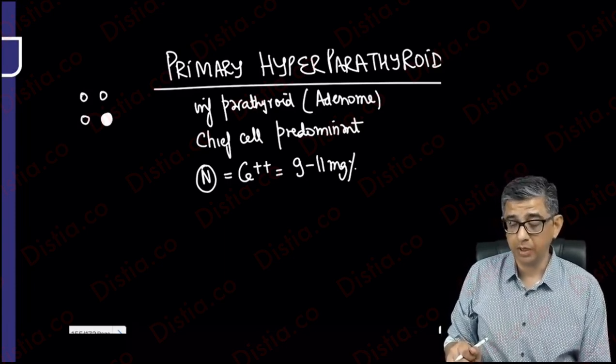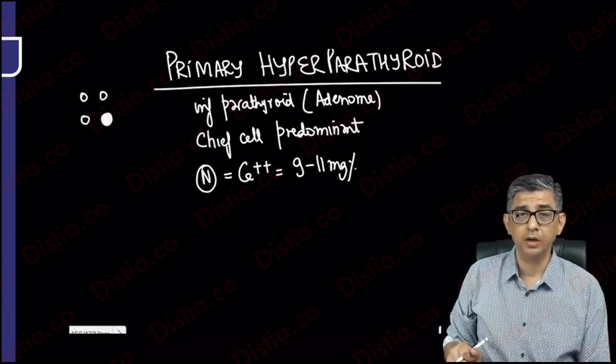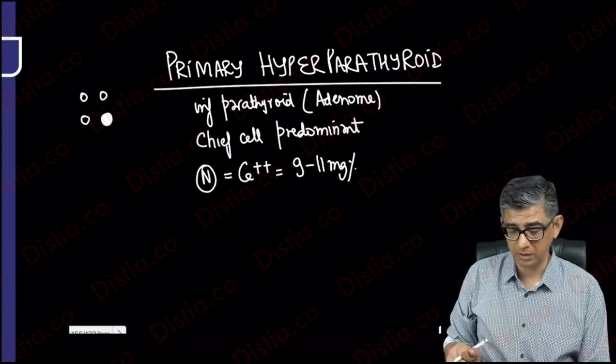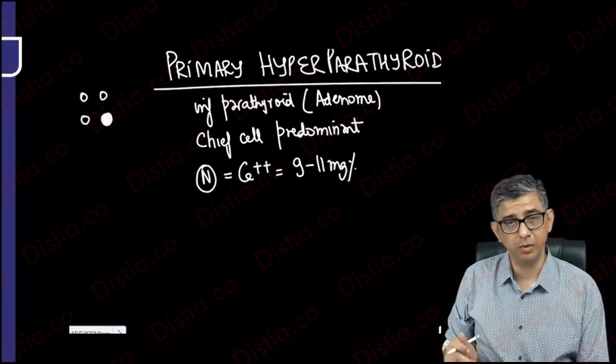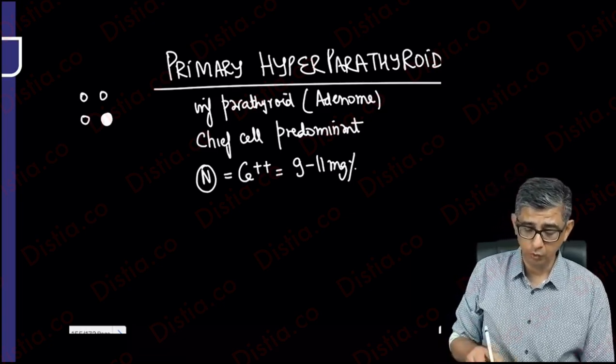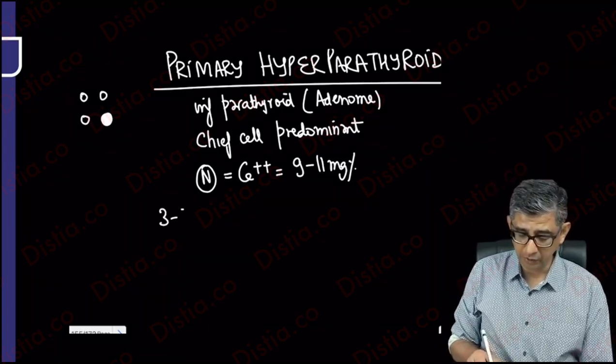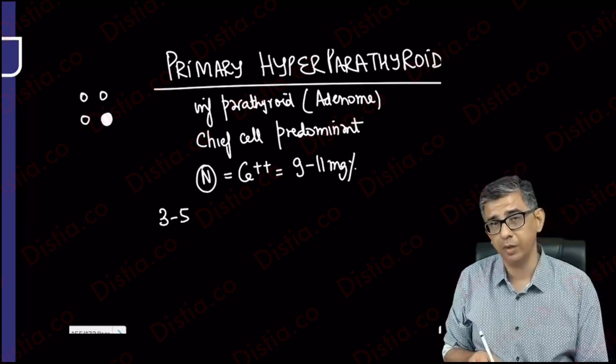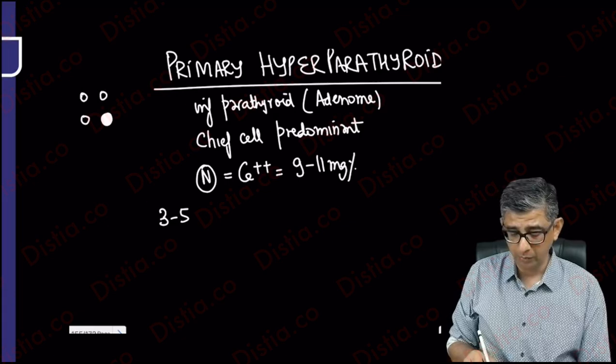Yes, guys, hypercalcemia that can occur due to any of the conditions that we're going to discuss. Primary hyperparathyroidism is one of them. If it's undetected, calcium value spike, person can die as well. The usual age of presentation in parathyroid adenoma, which is contributing to primary hyperparathyroidism, would be in the 3rd to the 5th decade of life.